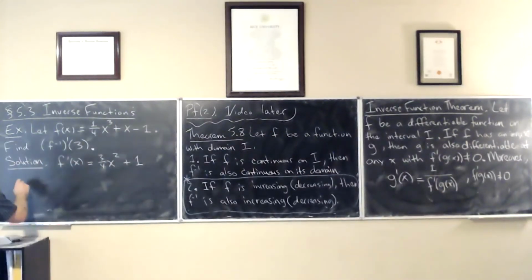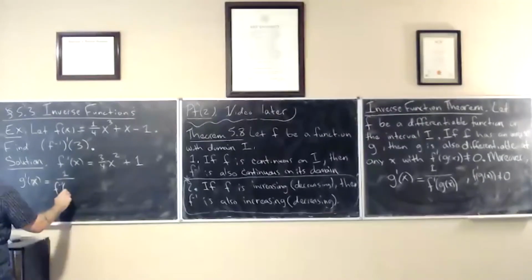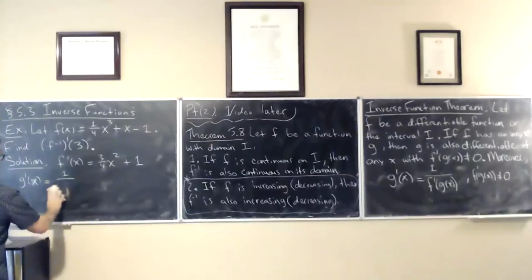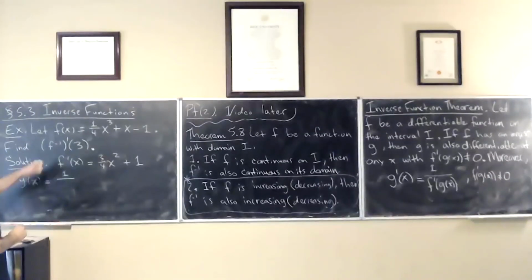So we know g prime of x is equal to 1 over f prime of g of x.